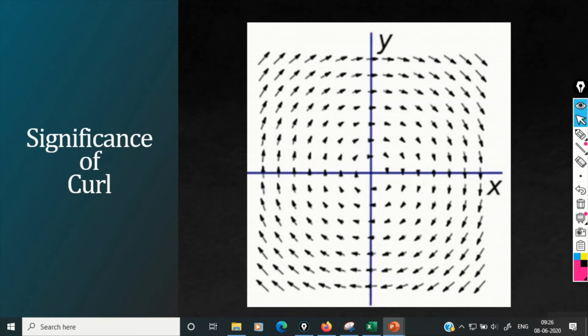How do you draw the magnetic field? The lines are drawn in circular shape, if you remember. Suppose I have the north pole here and the south pole here. So the field is shown in this direction. It starts from north and comes back to south. So here I am observing some circular motion. This circular motion is given by the operator curl.